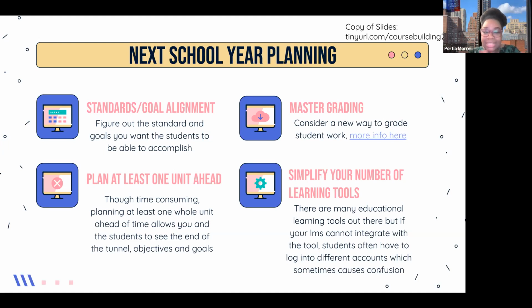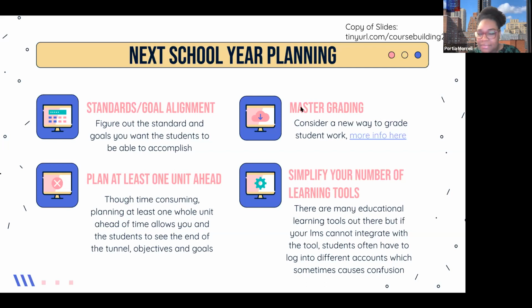That's one thing that I'm planning to do. In my case, standard alignment is complicated because I have the French curriculum to consider, and I also have the US CSTA standards to consider as well. So it's a combination of both for me, but they overlap in many ways, so it's fine.